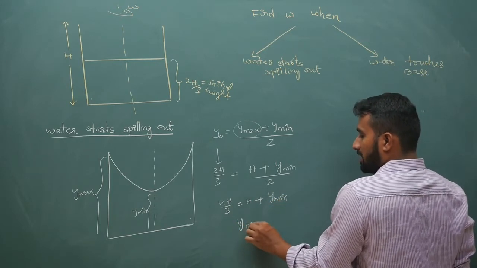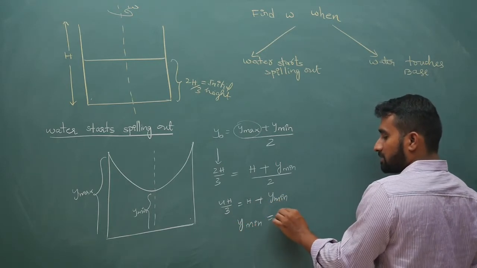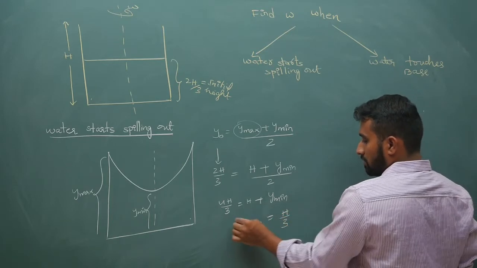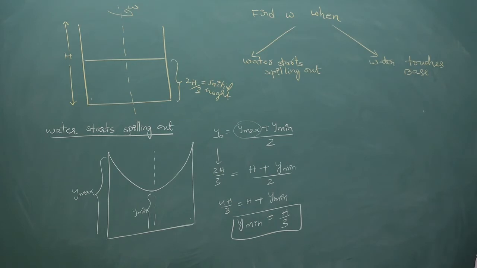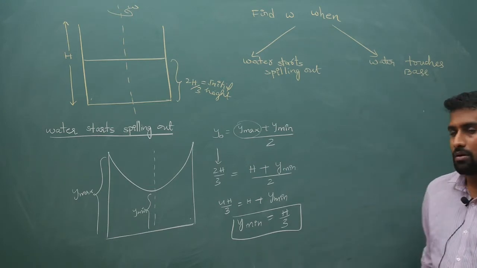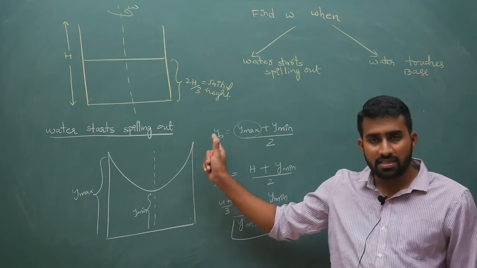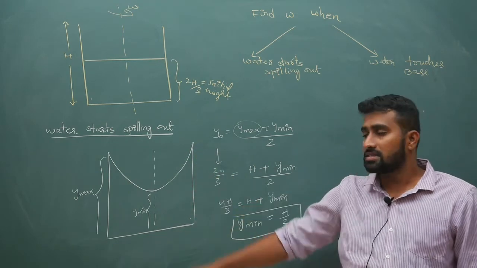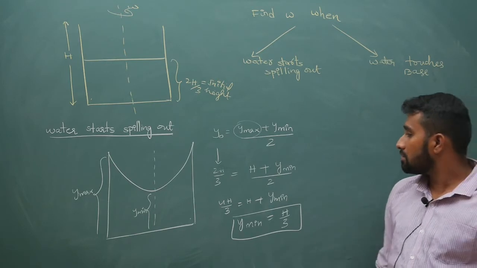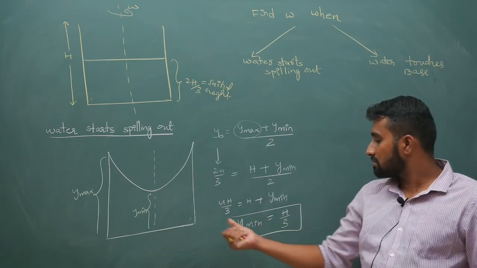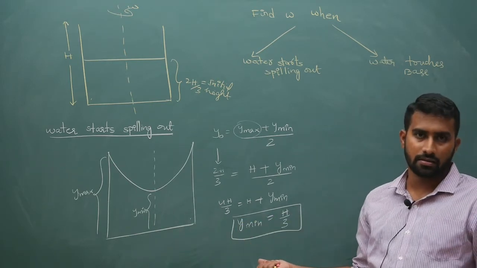Your minimum height is 4h by 3 minus h, which is h by 3. So now the minimum height is h by 3 and the maximum height is h when water starts spilling out. That means water is spilling out of this container before it is touching the base itself.